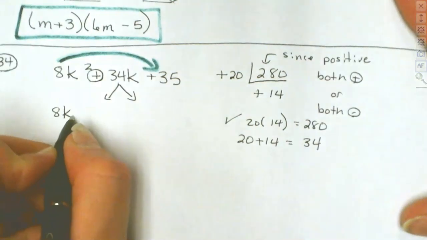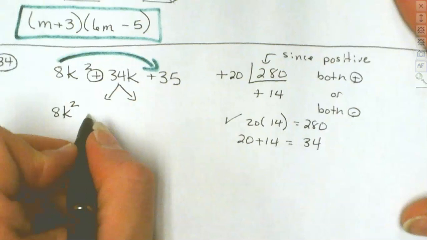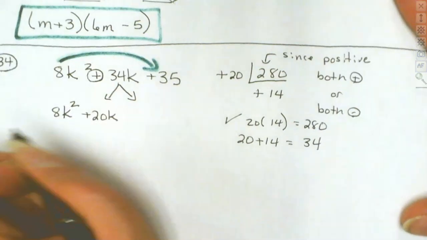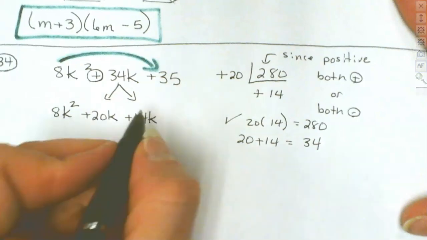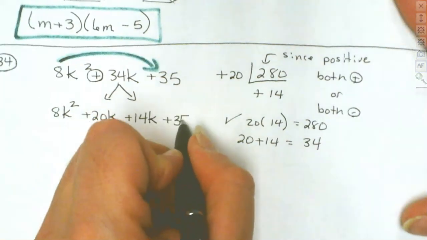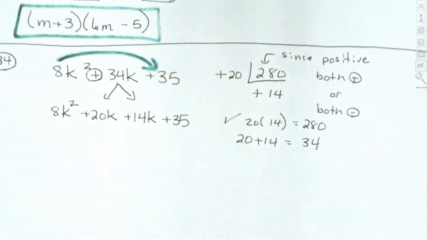So we've got 8k squared plus 20k plus 14k plus 35. Factor it by grouping.